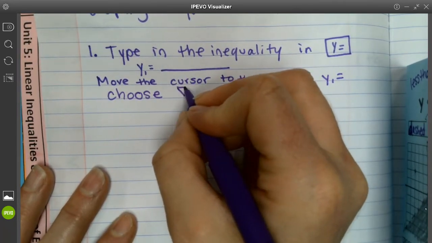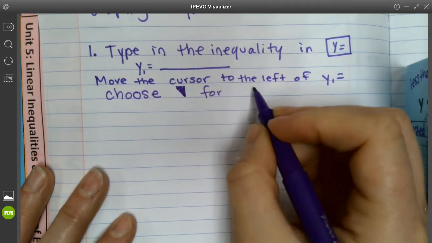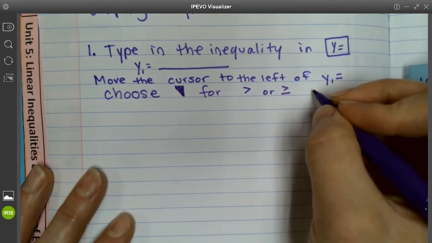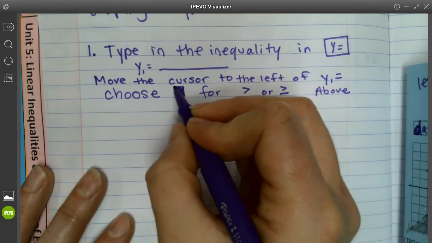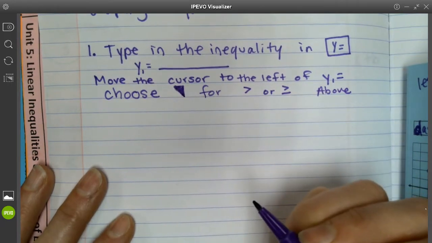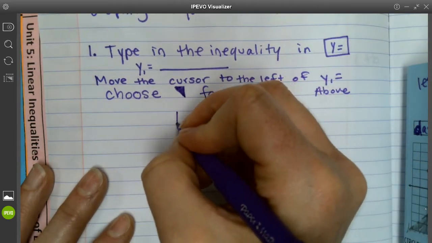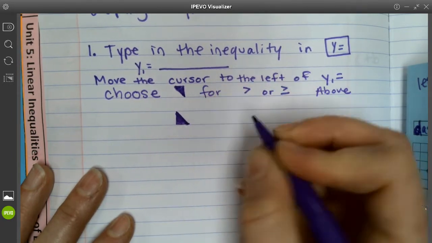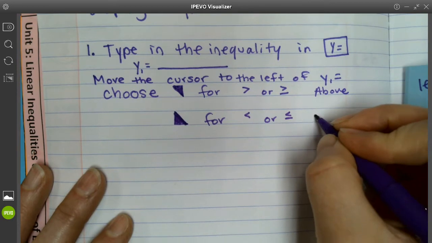Choose this one for anytime you do greater than or greater than or equal to, because that's going to be shading above. That little triangle represents shading the line above. Then you could do the other little right triangle where it's shaded below the line, for less than or less than or equal to, because it's shading it below.